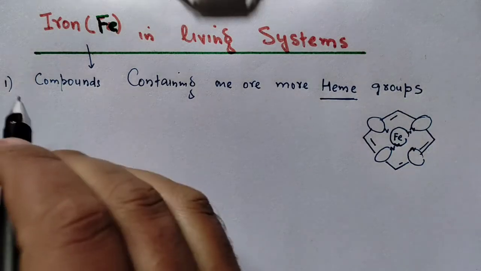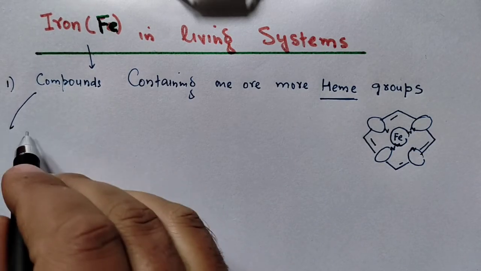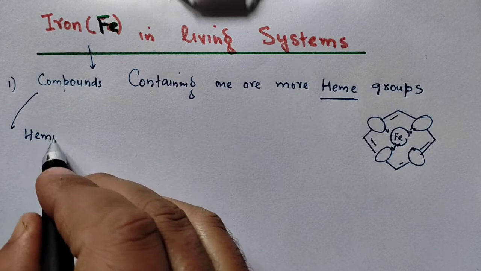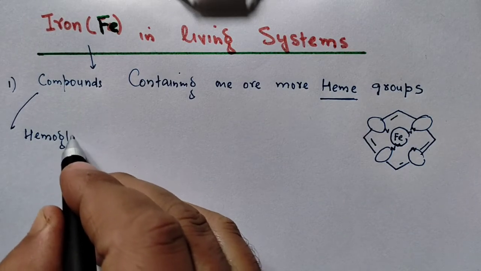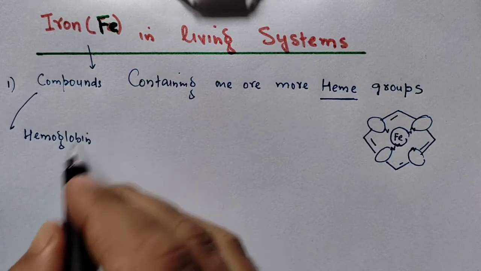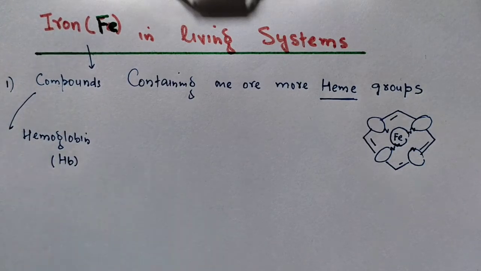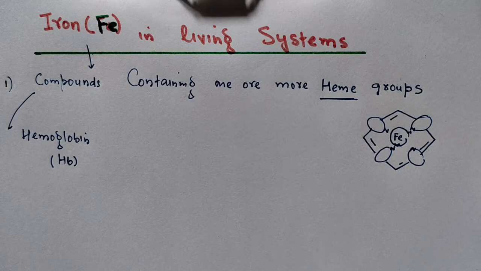The compound number one is hemoglobin, and it's generally written as HB. It contains the heme group, that macrocyclic ring where we have four pyrrole groups at the four corners connected by methane groups, and iron at the center.